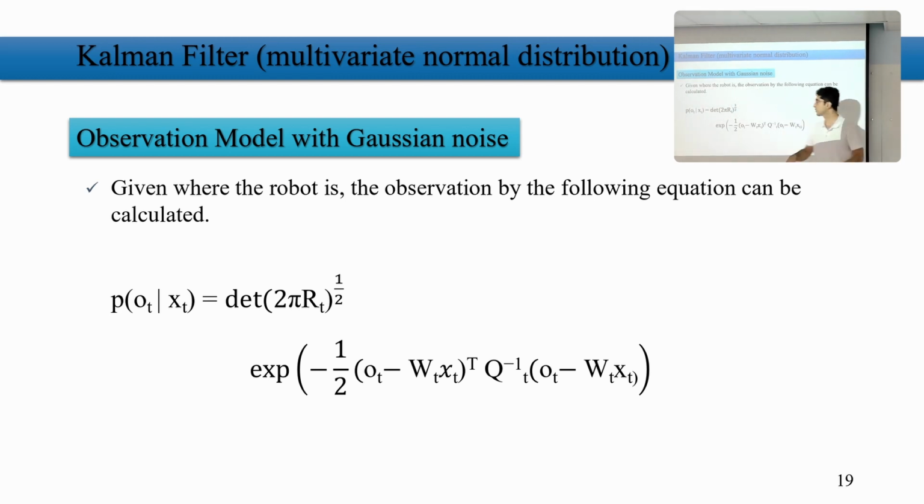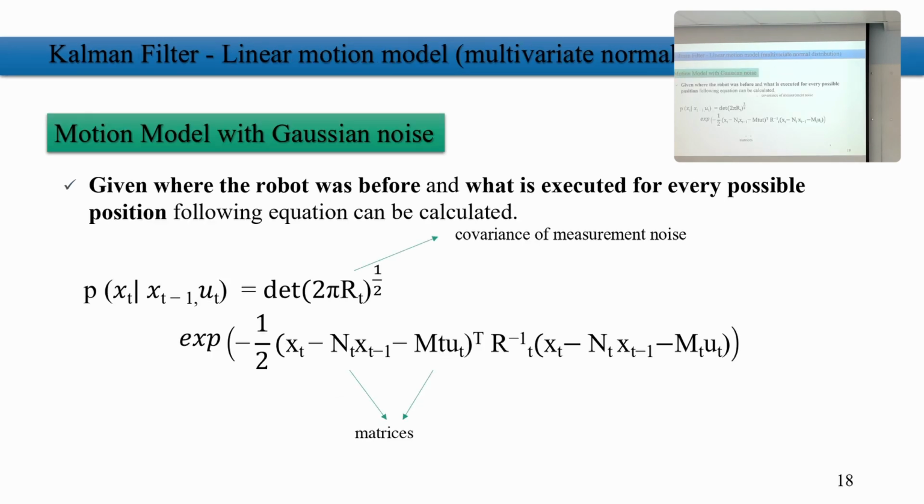That's what we did, a multivariate Gaussian distribution combined with the observation model with the matrices, the W that we have. I stated that this Q is for the observation error, and here we have R for control error. So it is still the Gaussian noise that we have in our control commands and observation.